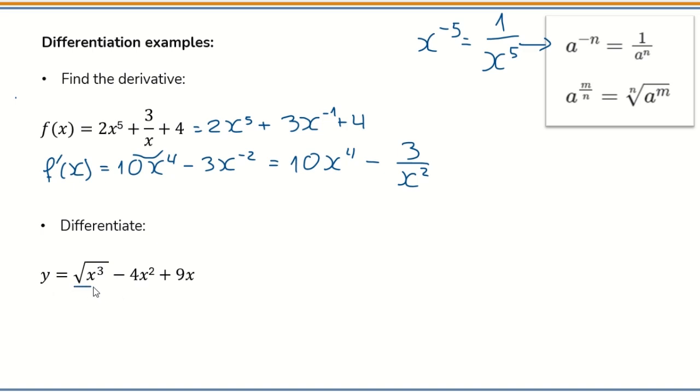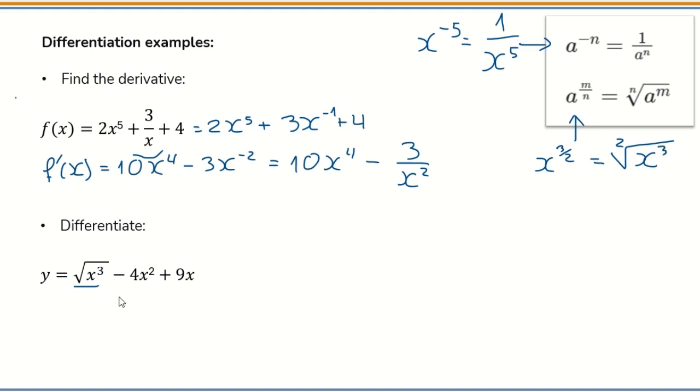First, I need to convert this term using this law of indices. To understand it better, I'm going to write an example. X to the power of 3 halves equals the square root, and it's a square because the denominator is 2, x to the power of 3 because the numerator is 3, and that's the index.